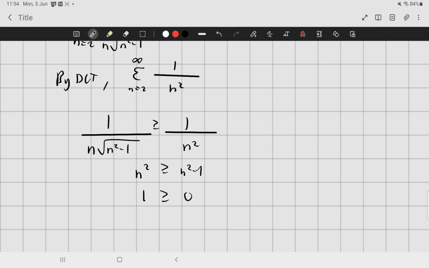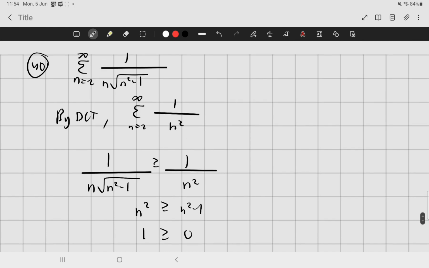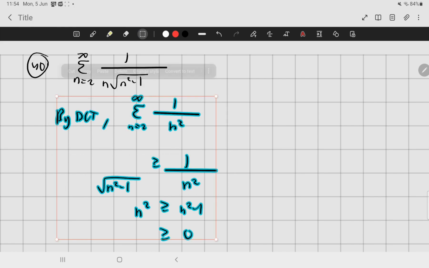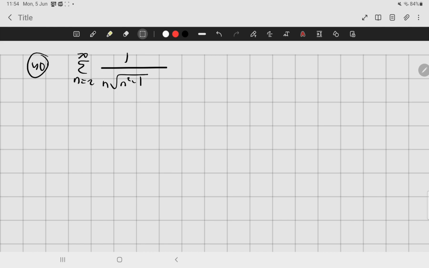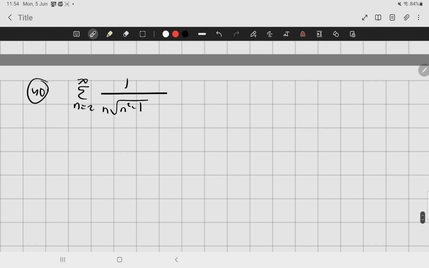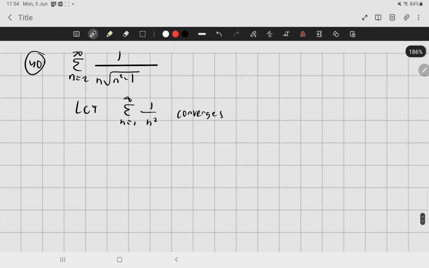So, the limit comparison test will be the trick. Okay, let's try again. No, this is not my downfall yet. Limit comparison test, but we will be using the same series. Now this converges. Now limit comparison test, what does it tell us?